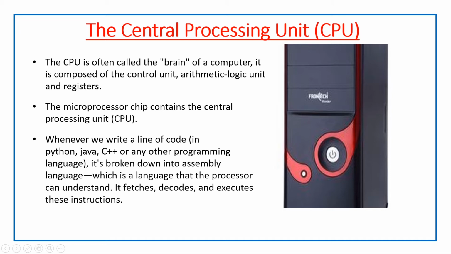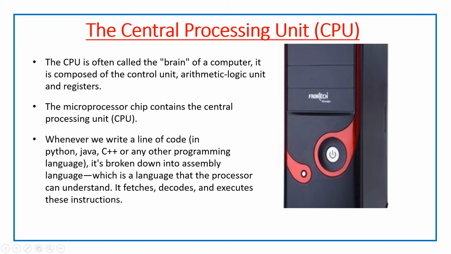Third point, whenever we write a line of code in Python, Java, C++ or any other programming language, it's broken down into assembly language, which is a language that the processor can understand. It fetches, decodes and executes this instruction.